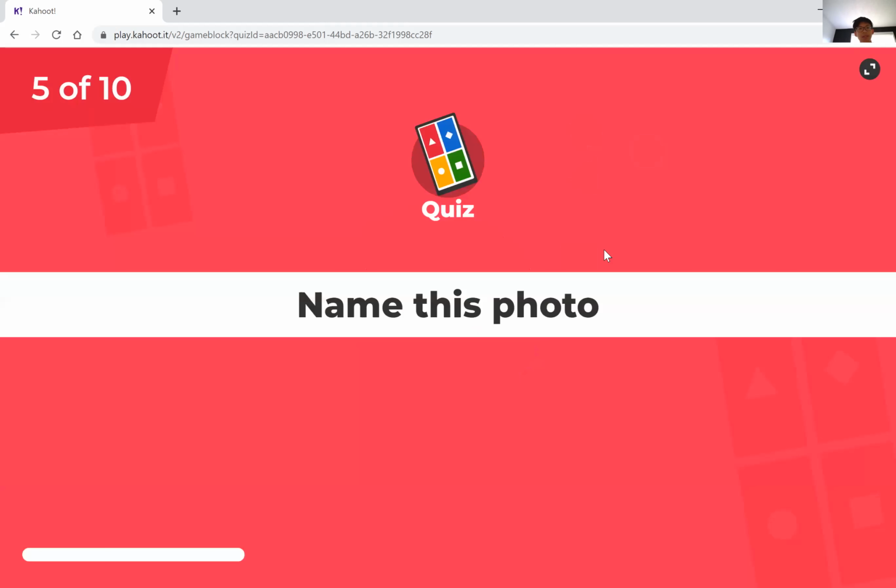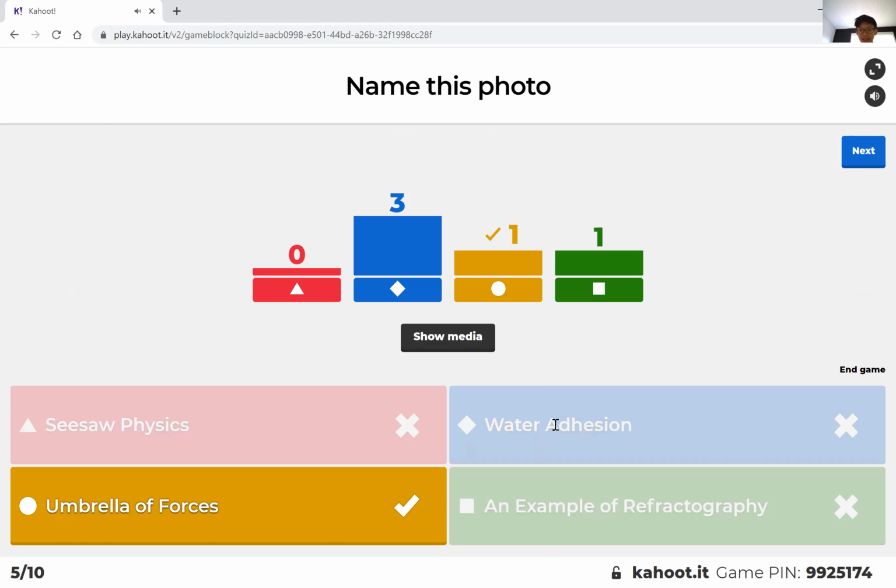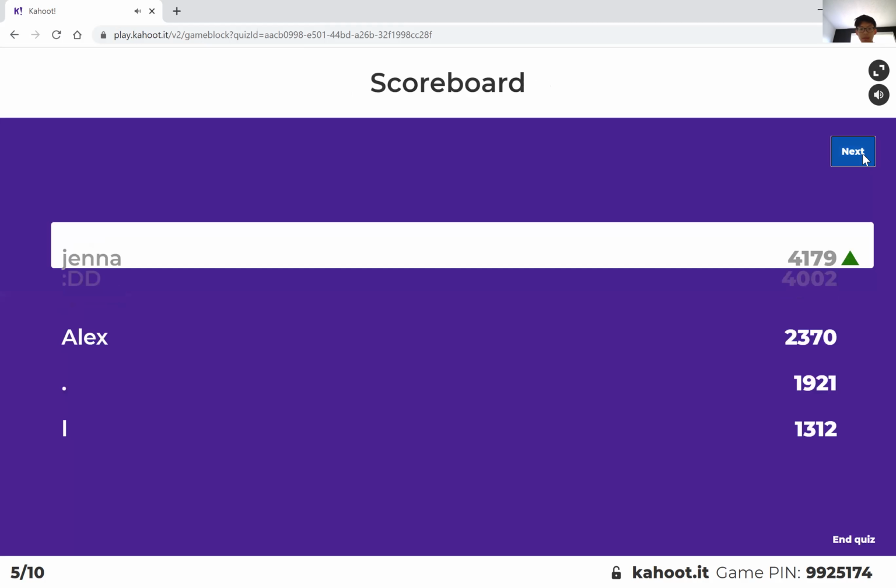It's a different term, actually. Take a guess. The main factor is actually gravity pulling the water down rather than adhesion, so they name it this way.